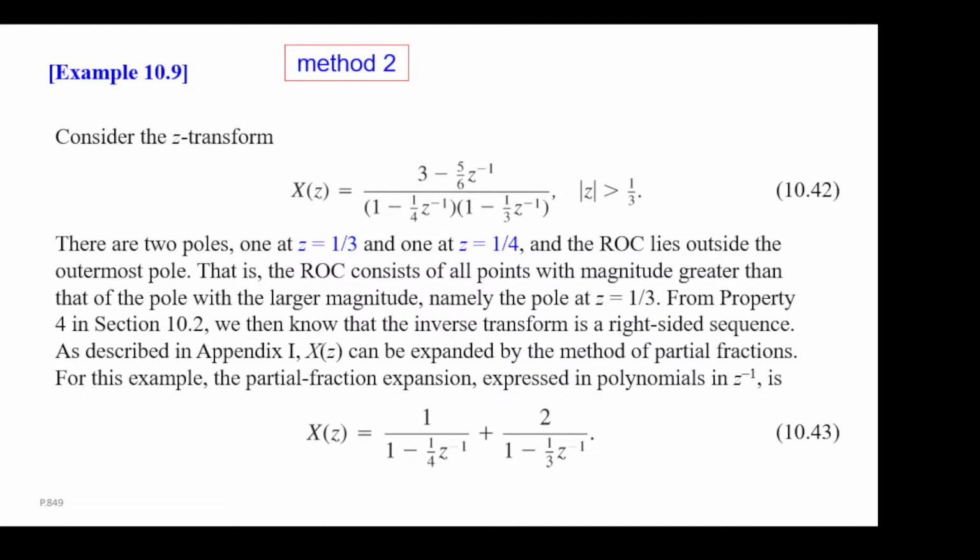So we want this kind of form, right? So we want to not express our X(z) in the roots of z. We want to express it in roots of z to the minus 1. So we want to rewrite our big X(z) into those polynomials of z to the minus 1. Then we do partial fraction expansion.